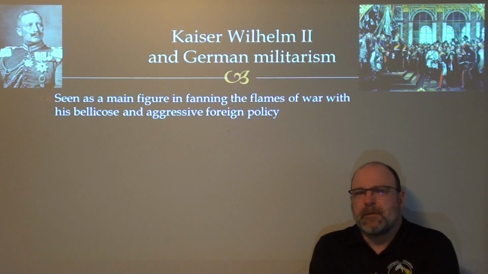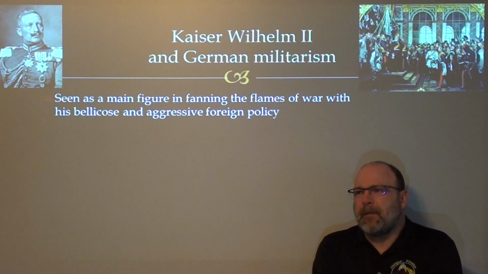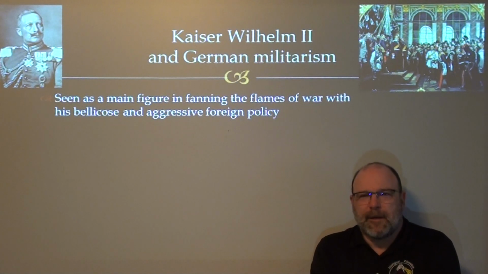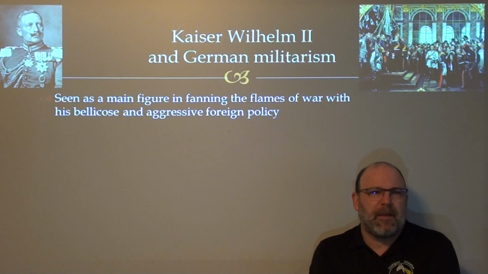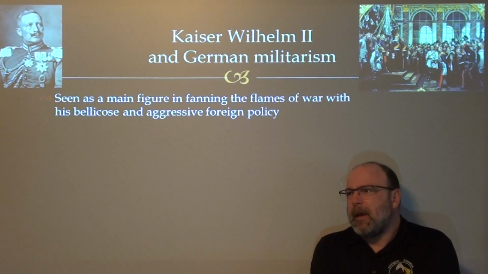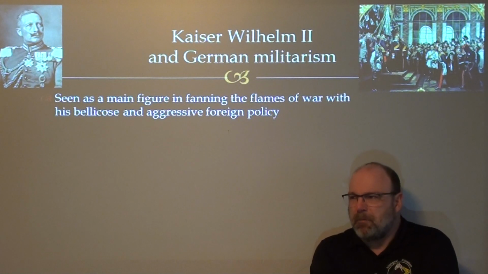A lot of it is built around his personality, and talking about his personality almost requires another lecture in itself, but I will summarize some of the main things. He was born into a very strong Prussian military background. His arm was severely damaged at birth, and he wasn't able to use it.